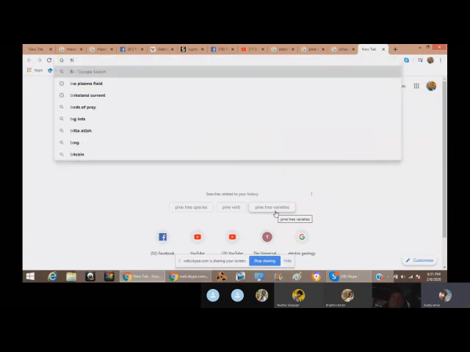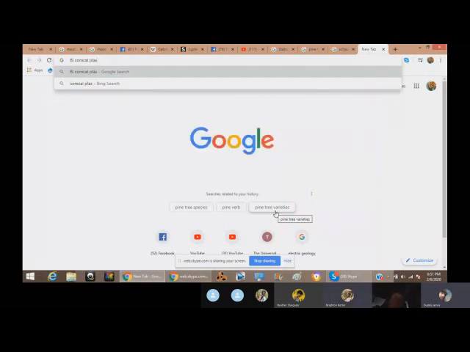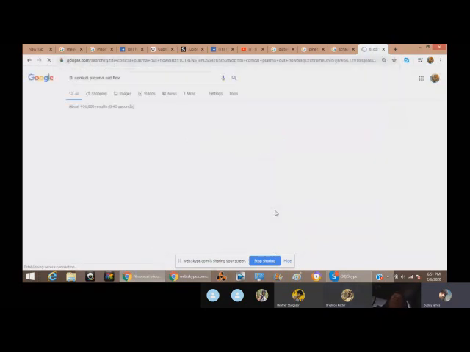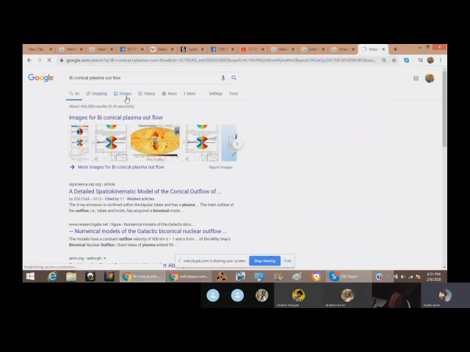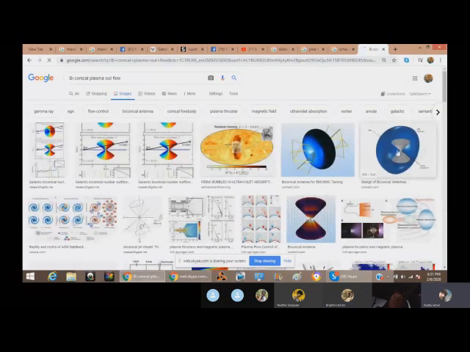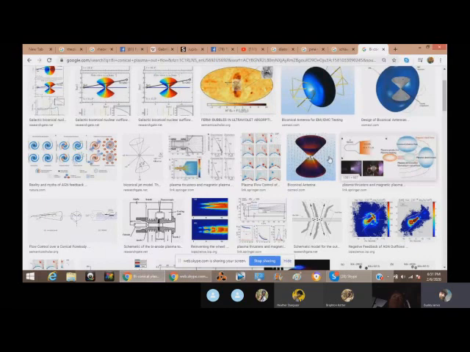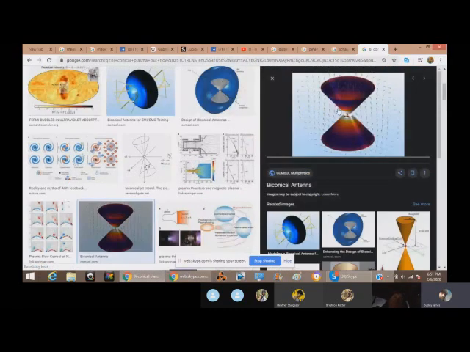Biconical. Images. So here's an image of the electromagnetic field, or at least a flux field around the two conic sections. You can see the way the arrows are moving. These are moving this way.